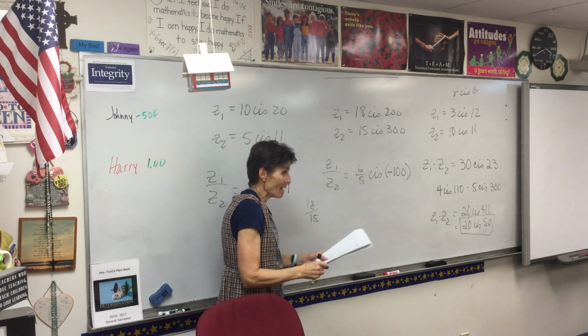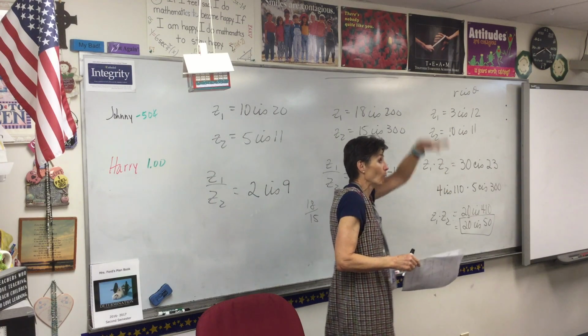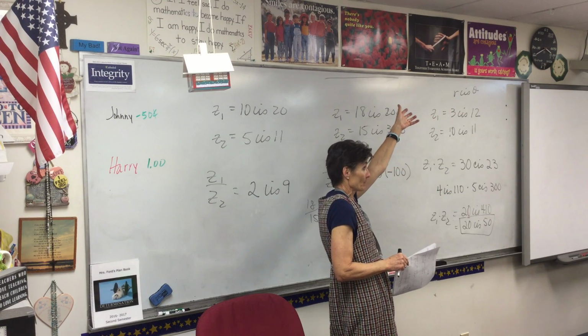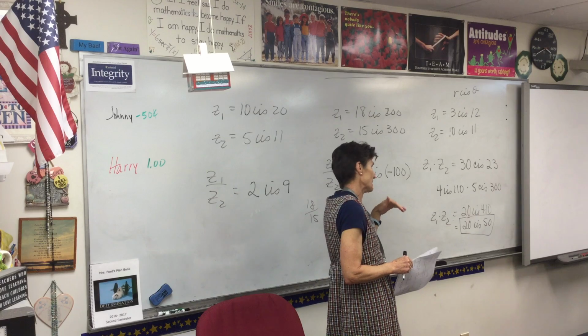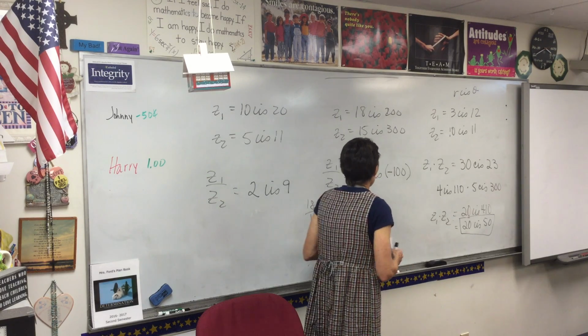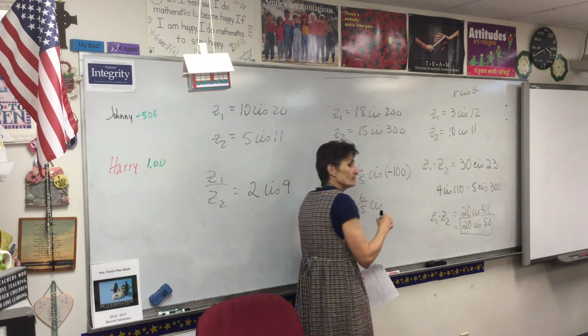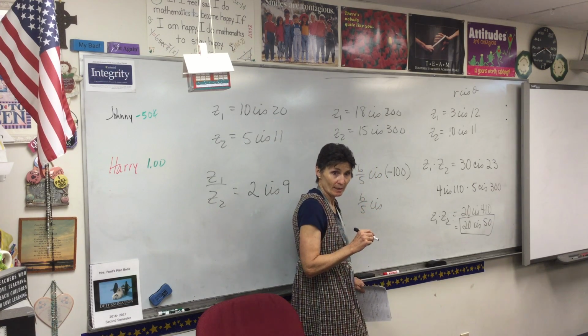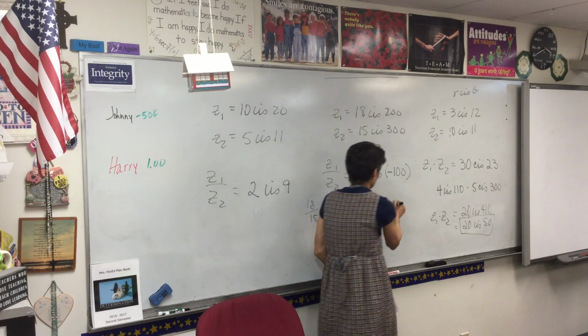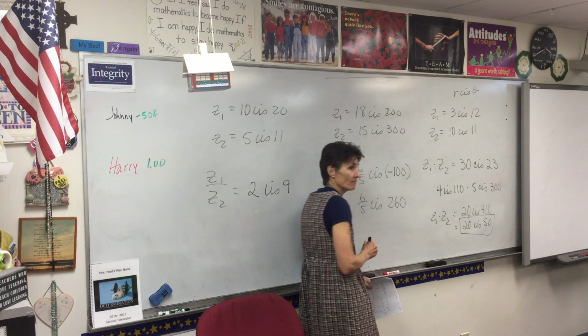Remember how we couldn't have an angle bigger than 360? Well, you can't have an angle less than 0. So how am I going to create this? I'm going to add 360 to it. And this will be 260.